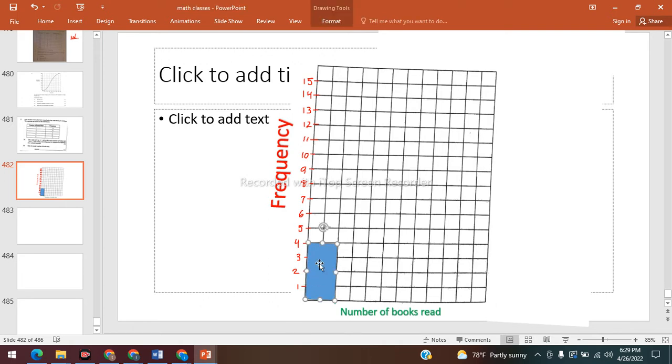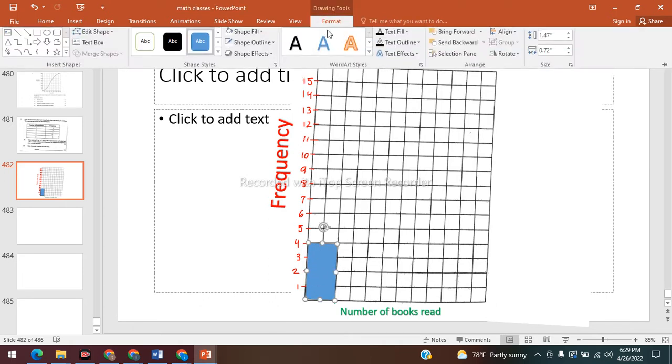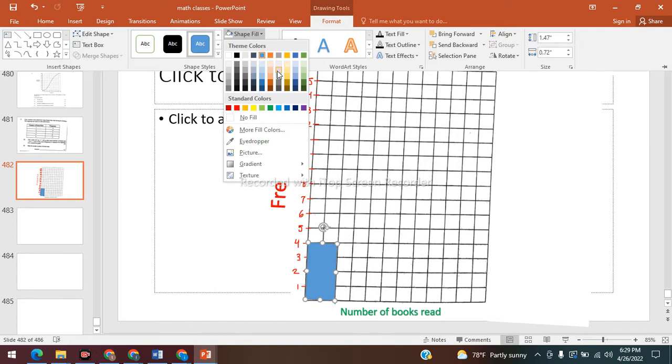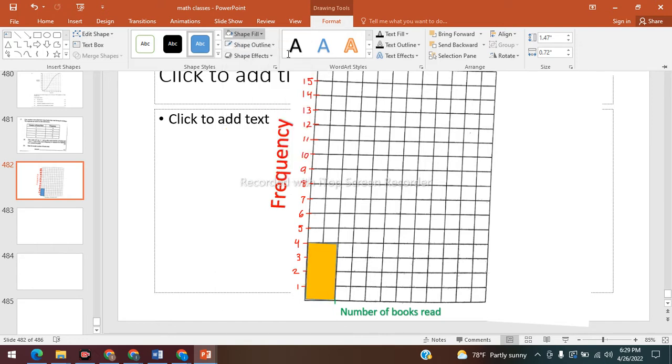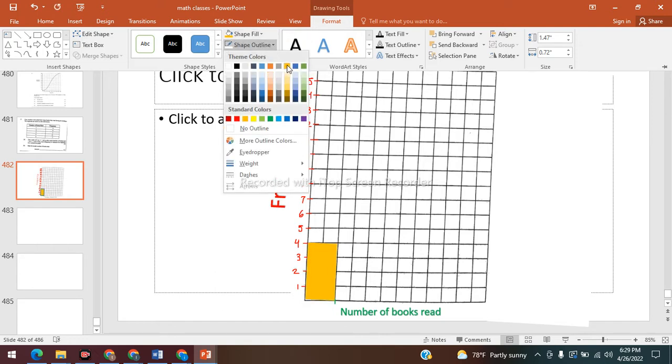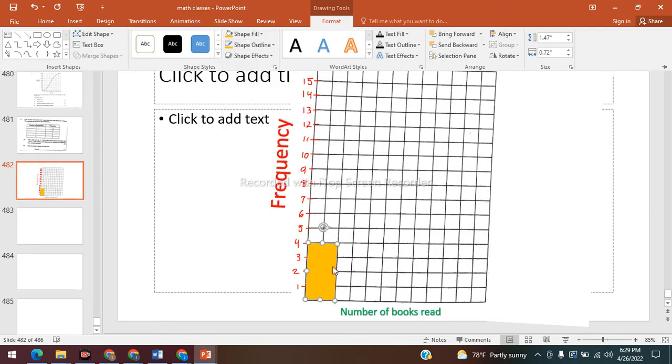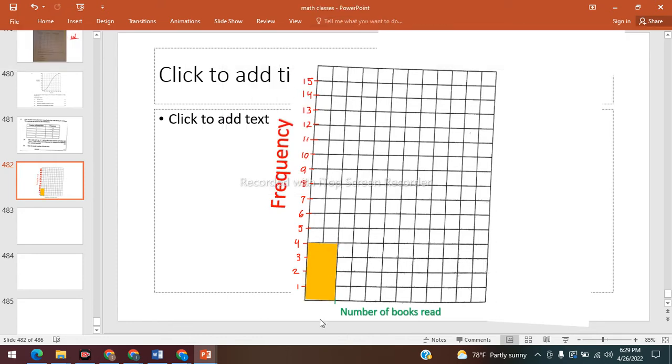So this is 4, and this orange outline, and then after this we want to do 2.